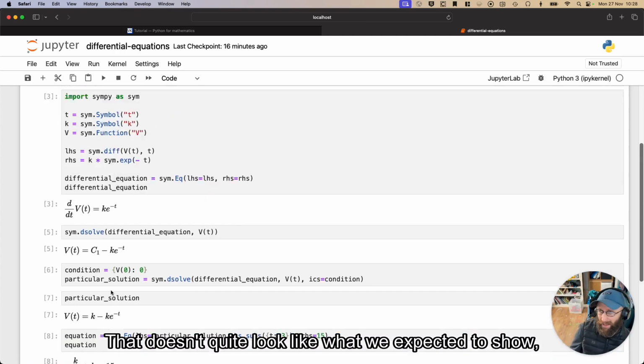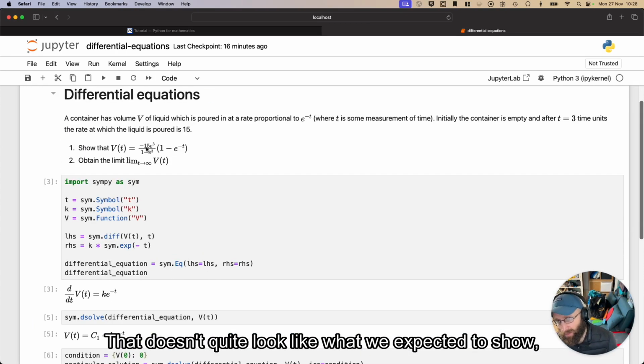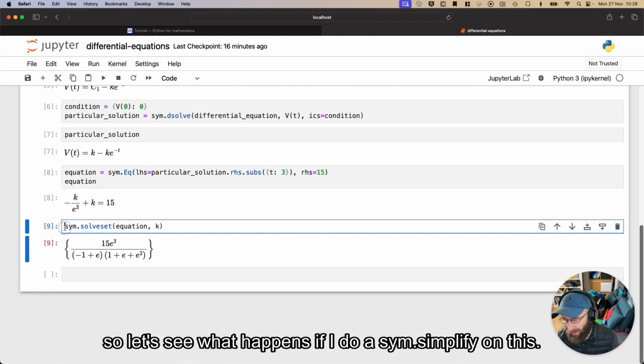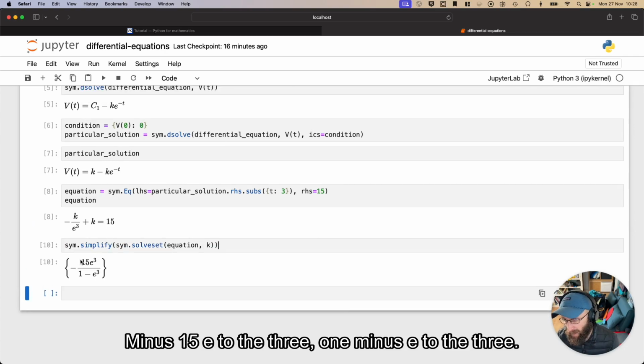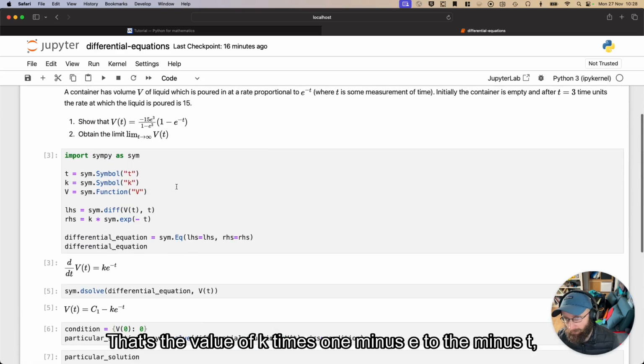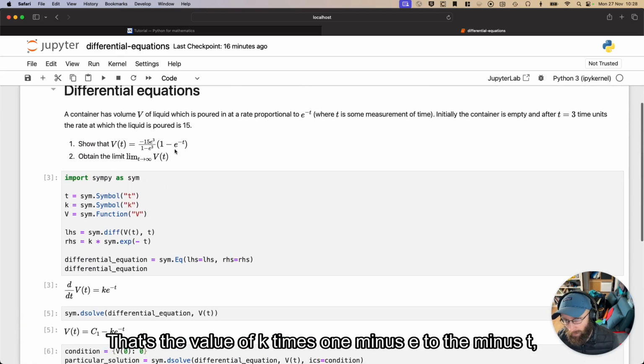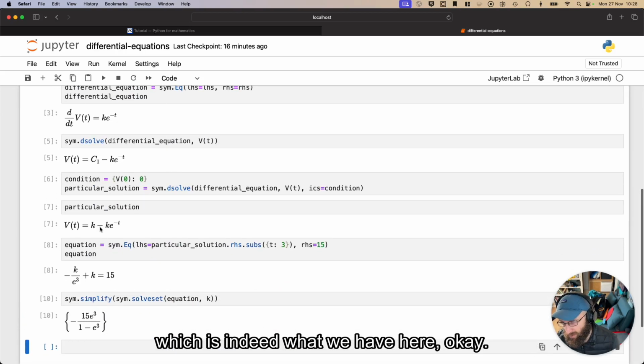That doesn't quite look like what we're expected to show. So let's see what happens if I do a sym.simplify on this. Minus 15 e cubed over 1 minus e to the 3. That's the value of k, times 1 minus e to the minus t, which is indeed what we have here.